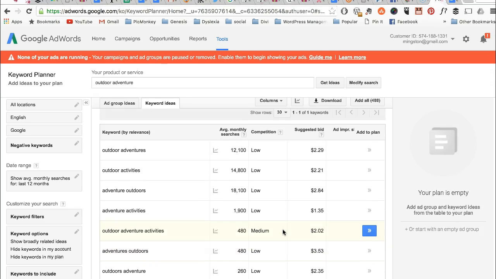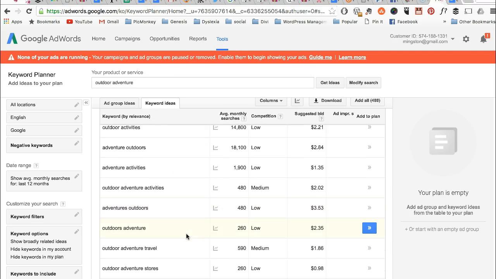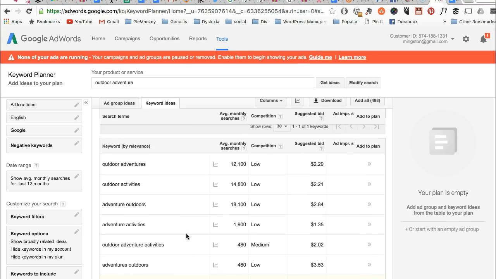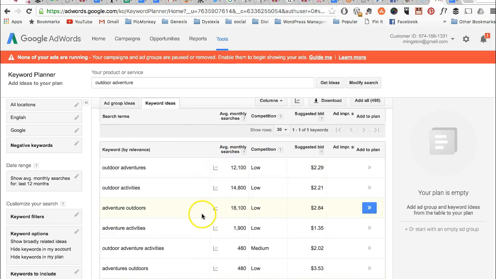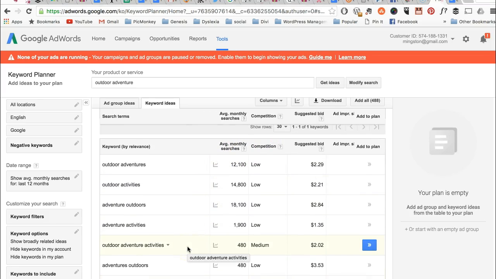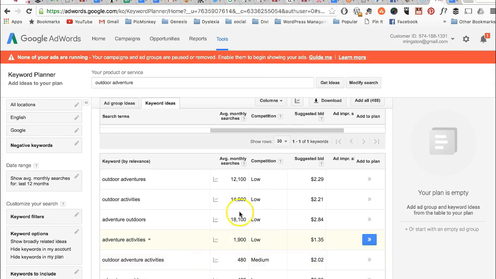I find more relevancy from the ad group ideas, but that's because I just do the math in my head. So here's the thing. In this case, we're going to stick with the keyword ideas.